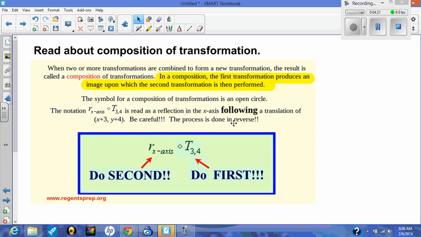It's done in reverse. We're used to reading left to right. Now we're going to read right to left. So in other words, if I'm going to do this composition of transformations, I'm going to start with the translation first and work backwards. Translation, then reflection.